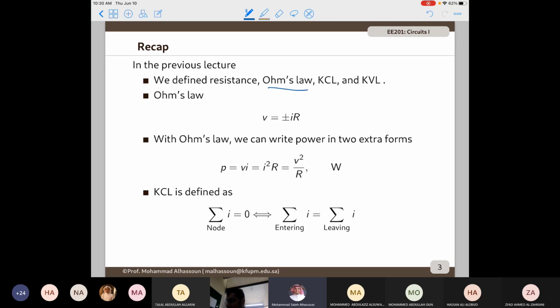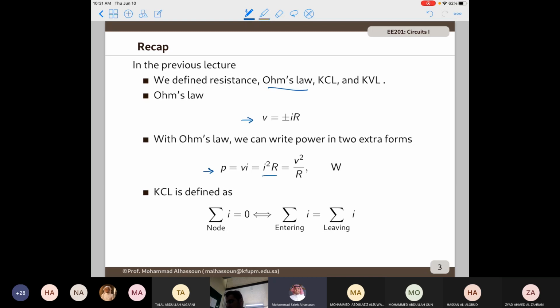Ohm's law relates the voltage to the current in any linear circuit, and for a linear circuit, the voltage is I multiplied by R. The positive and negative sign depends on the direction of the current with respect to the voltage. Using Ohm's law, we can simplify the definition of the power to I squared multiplied by R or V squared divided by R.